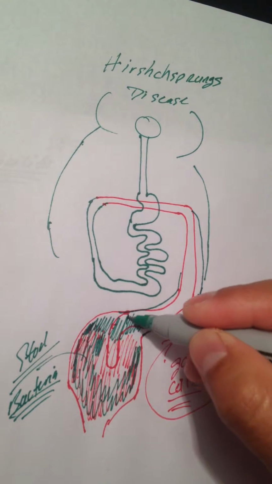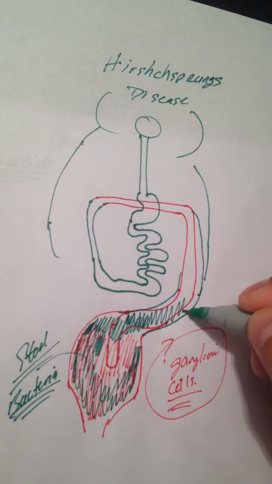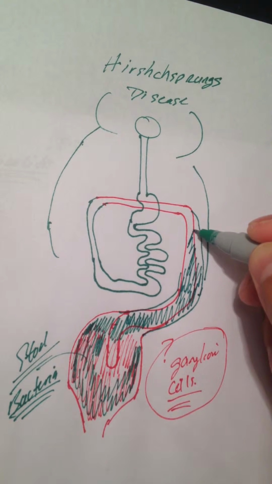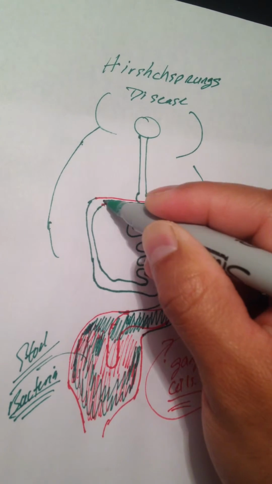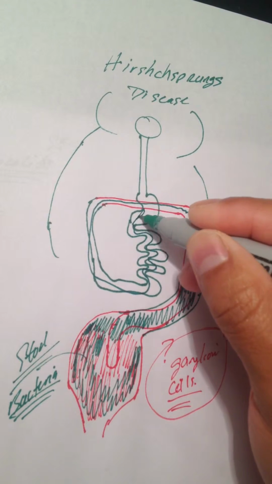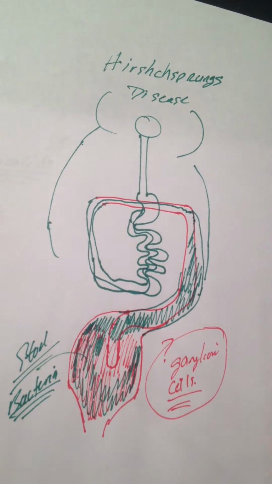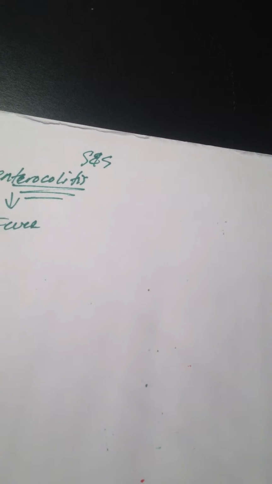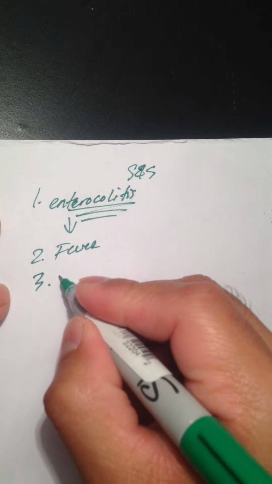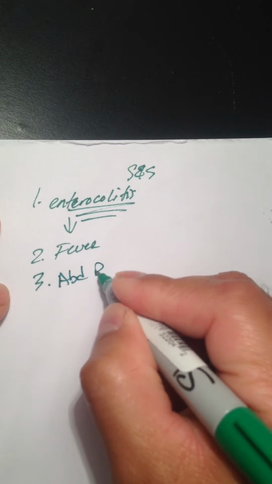This will all get bigger, causing potentially a huge obstruction everywhere. So again, everything is going to be backing up, because food will no longer be able to pass through. So that increase in abdominal distension will also result in abdomen pain.